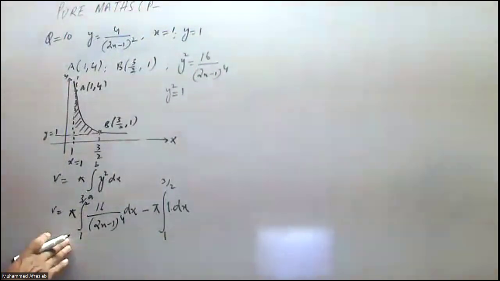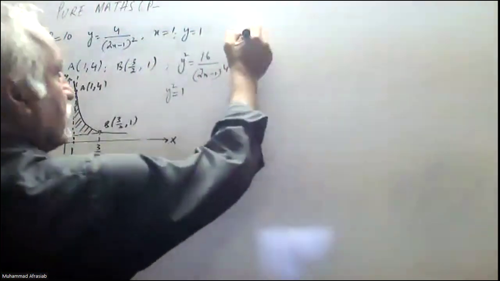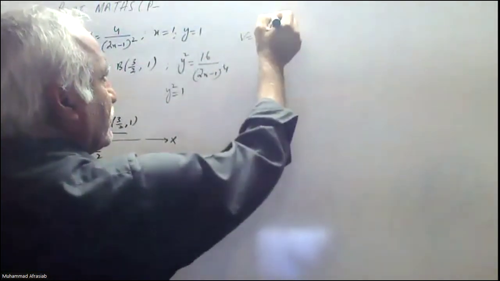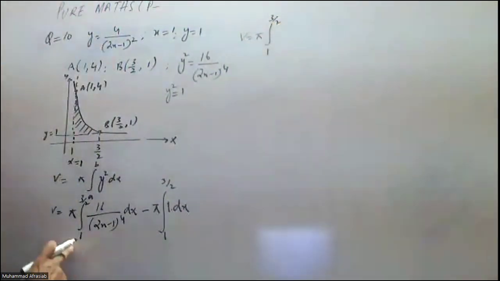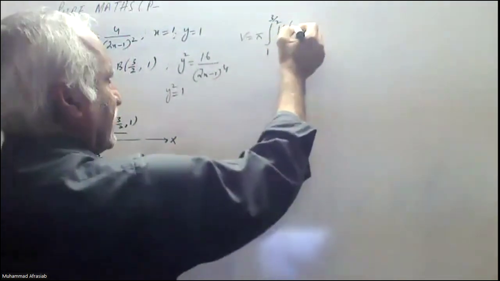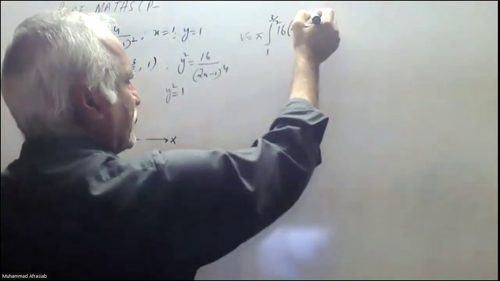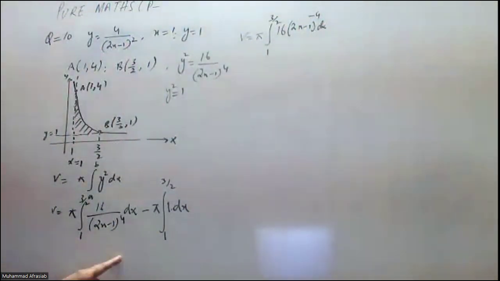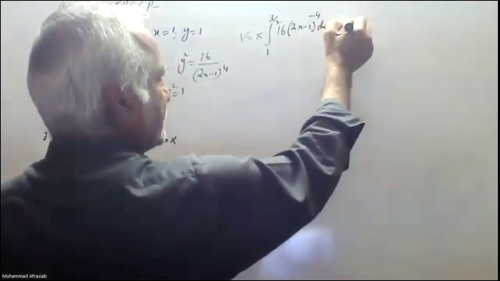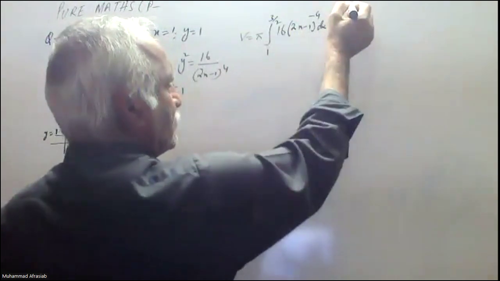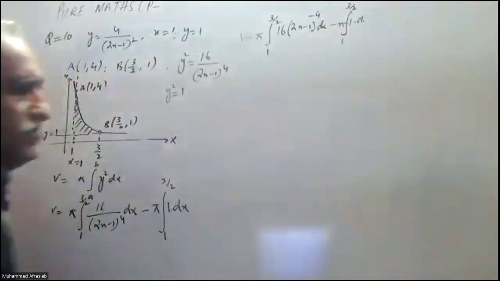Now this volume will be equal to pi as it is, into integration from 1 to 3/2, 16 as it is, and (2x minus 1) power minus 4 dx, minus pi as it is, 1 into dx from 1 to 3/2.